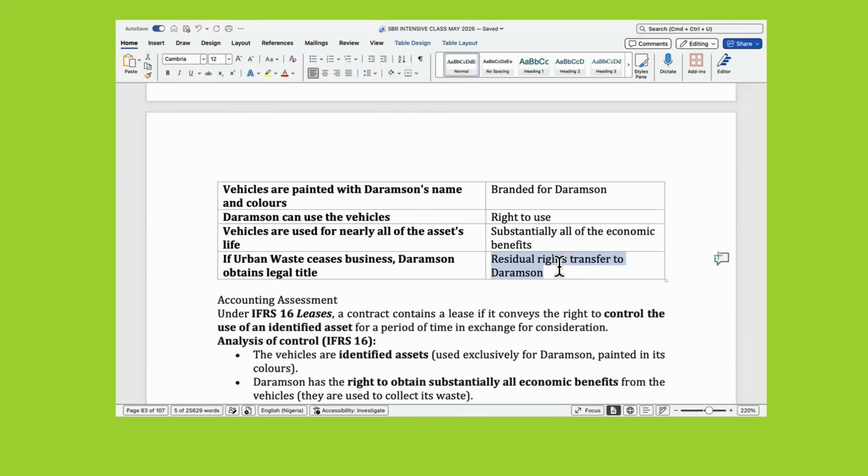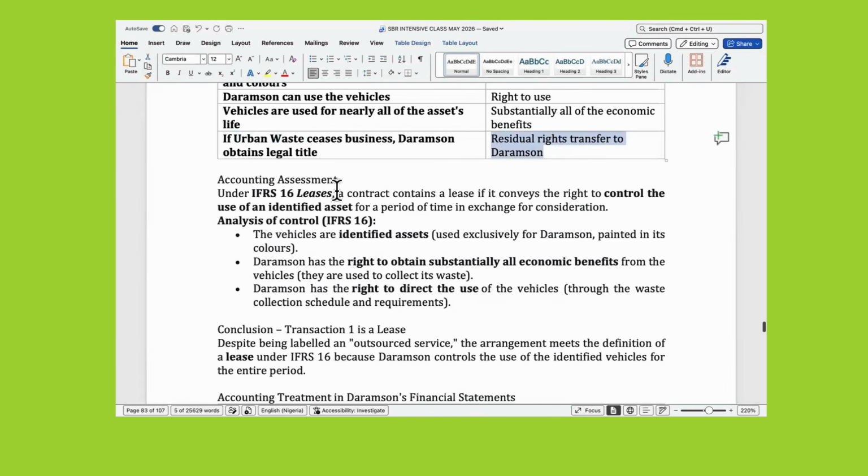So under IFRS 16, a contract contains a lease if it conveys the right to control. And right to control means that there is an identified asset, and also the lessee has the right to obtain substantially all the economic benefits, and also the right to direct the use of the asset, right?